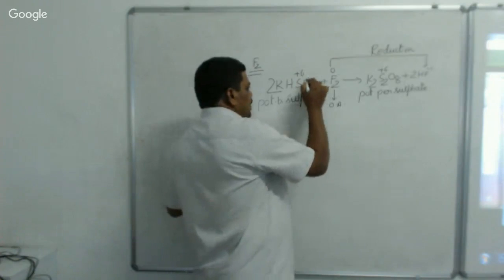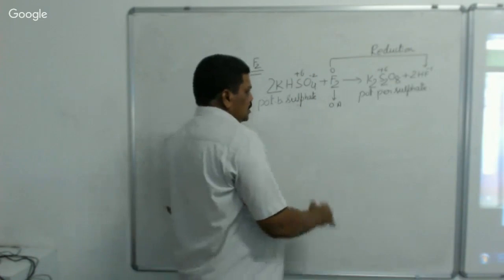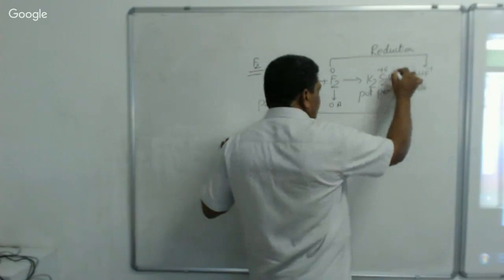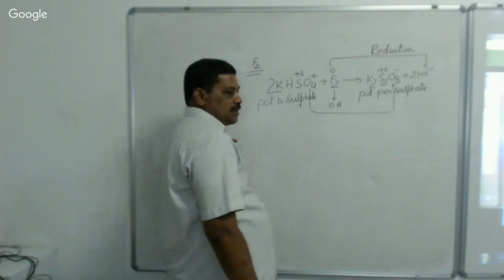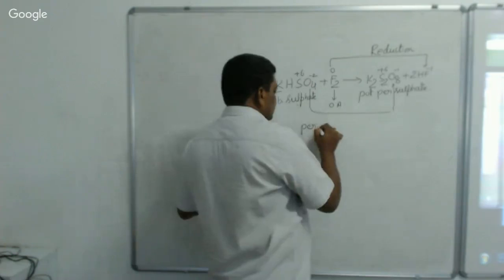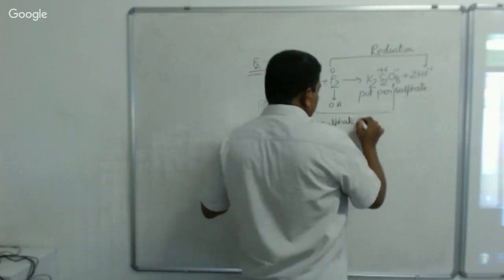But here in bisulfate, all the oxygens are in -2 state. But in persulfate, some of the oxygens are in -1 state. Because what is the persulfate ion?